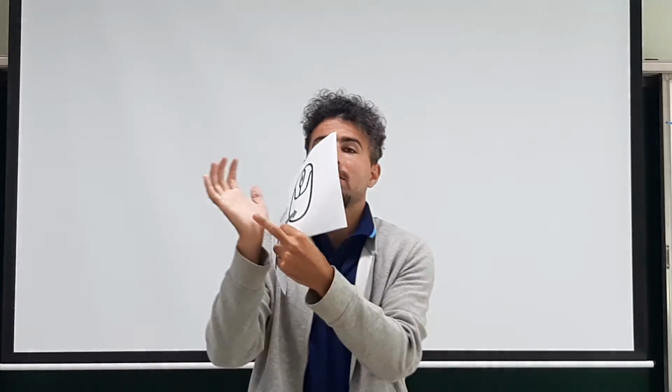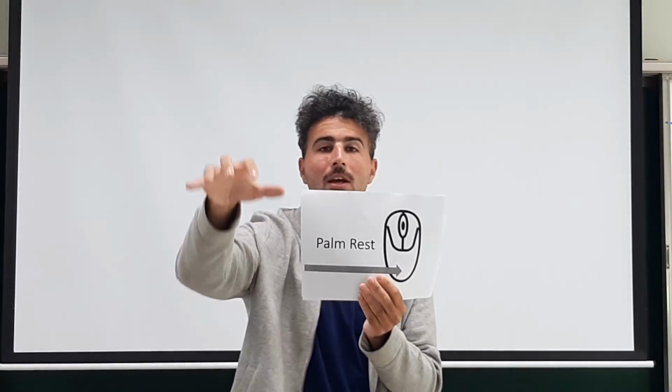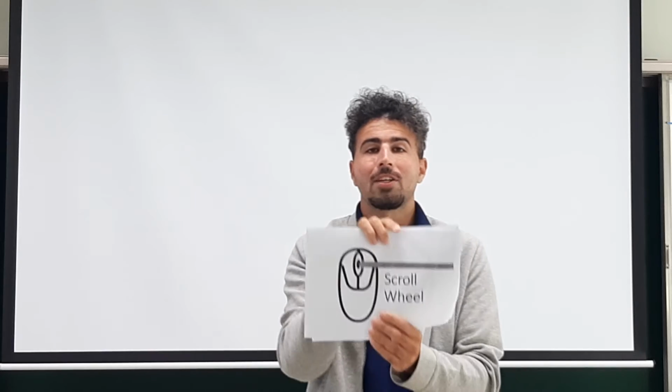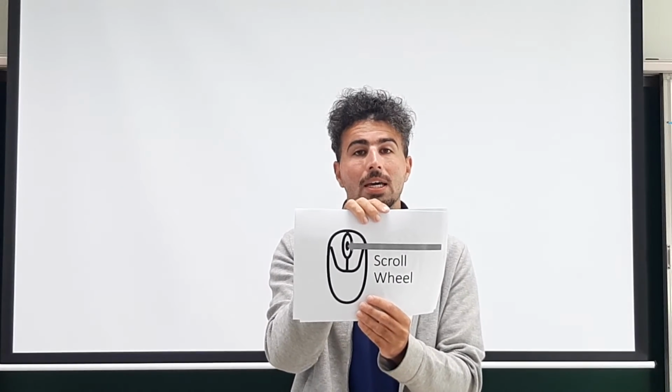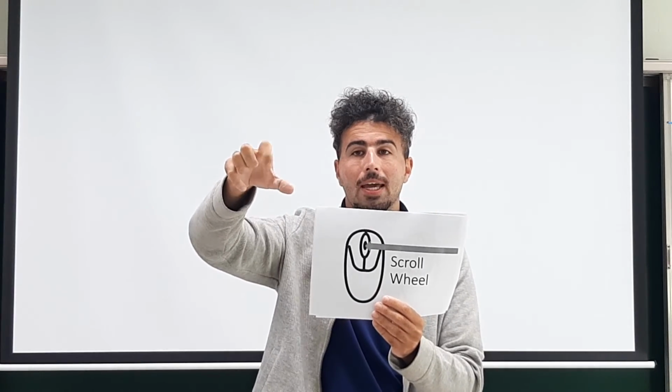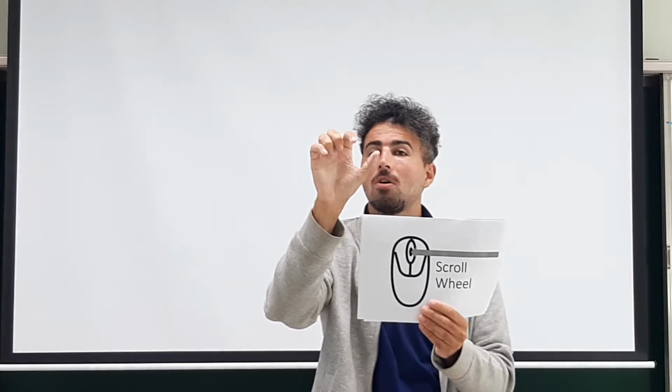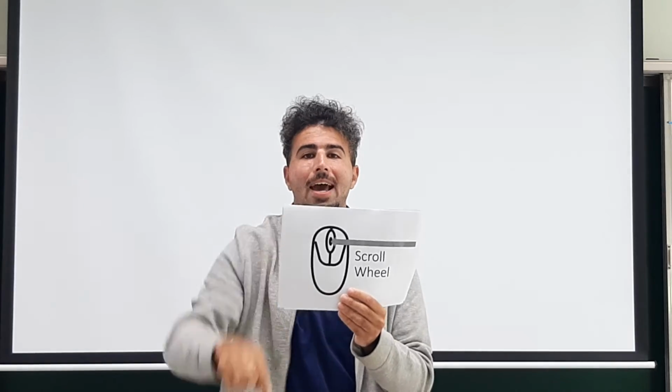Yeah. Your palm on the mouse. Palm rest. And the last one. Scroll wheel. Action. Scroll wheel is this one here, and you're scrolling, yeah, like this, scrolling up or down.